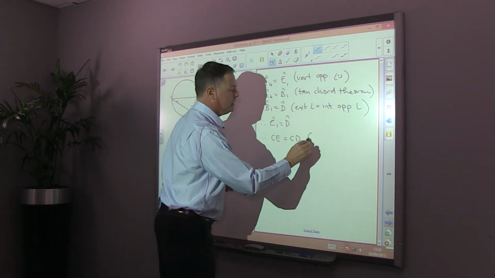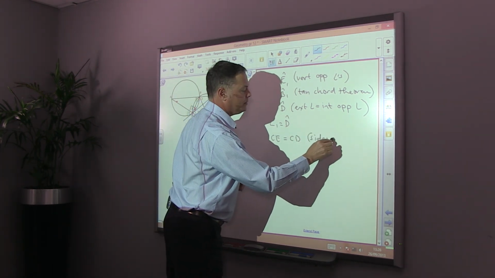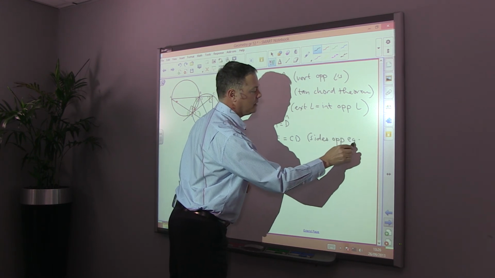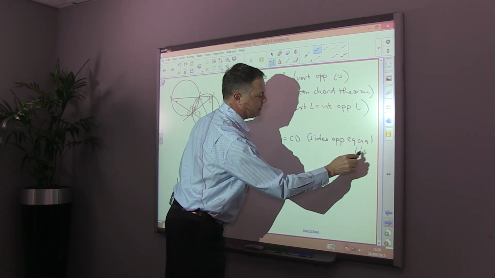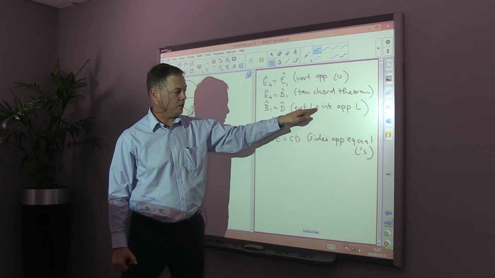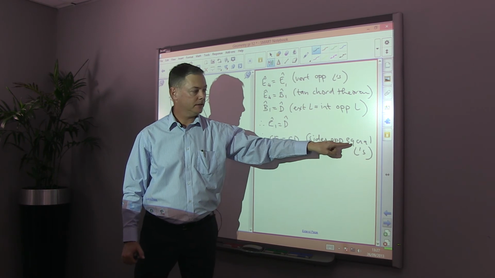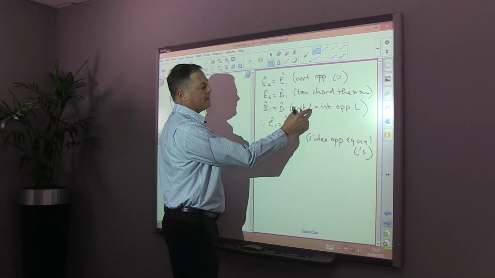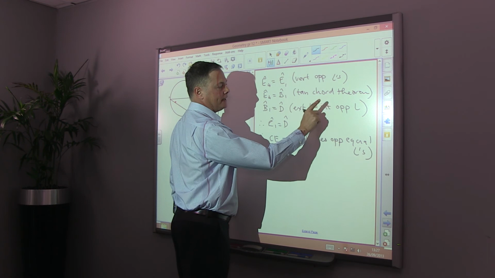Why? Because they are sides opposite equal angles. Now, notice over there I used the symbol equals, and over there I had to use the word equals. This was something on the left-hand side equal to something on the right-hand side, and that statement is true.